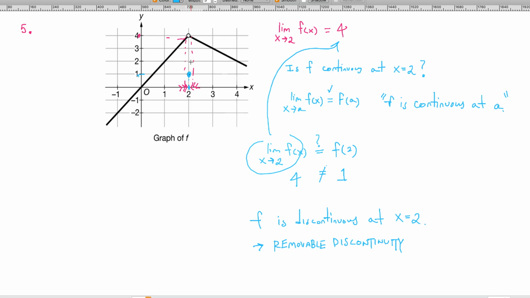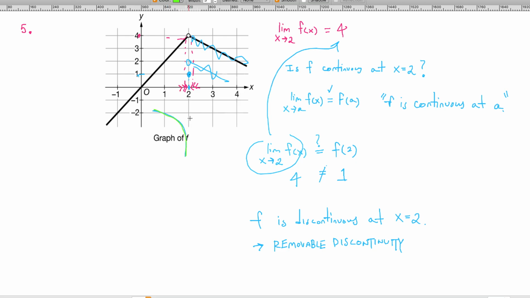Okay, if it were something like this, right, if this were f of x and this were here, that'd be a jump discontinuity. Sorry, this is a jump discontinuity here, if f of x is this blue line, and then the infinity discontinuity looks like this.